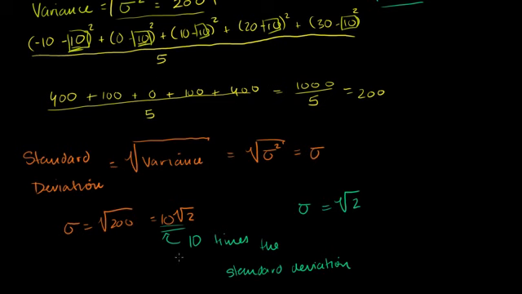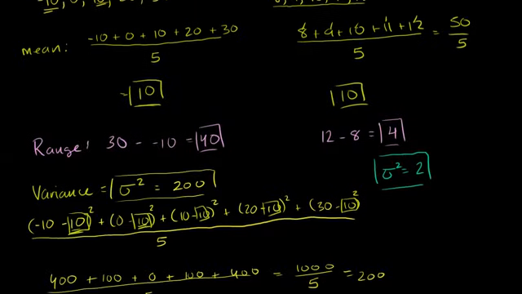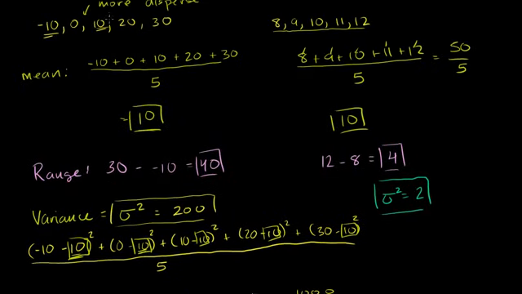Then we took the square root, really just to make the units look nice. But the end result is that first data set has 10 times the standard deviation of the second data set. So let's look at the two data sets. This has 10 times the standard deviation.